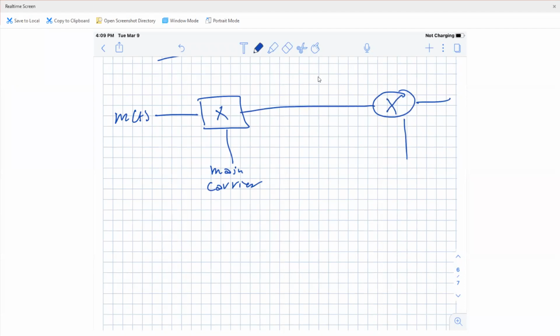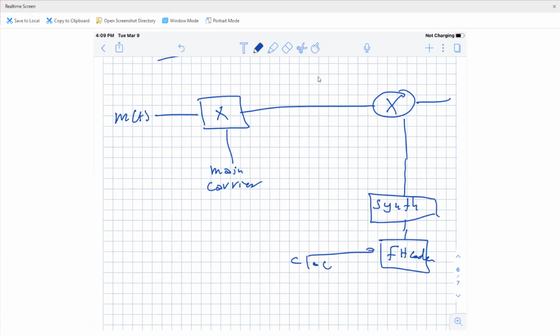Look, here we have FH code. Okay, and another block, which is what? Which is the synthesizer. And here we have a clock. Of course, synthesizer will convert a code into frequency.